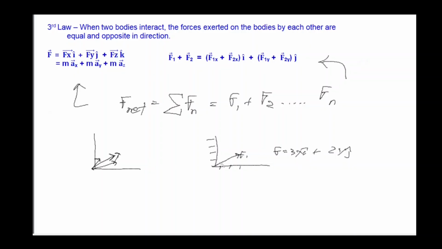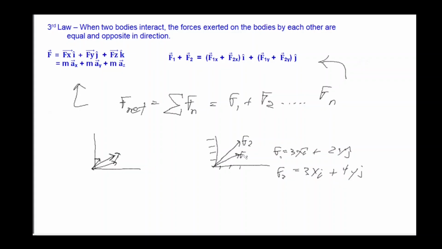And let's say the second vector goes up to here, where this is F1, F2 is equal to 3xi plus, let's say, 4yj.